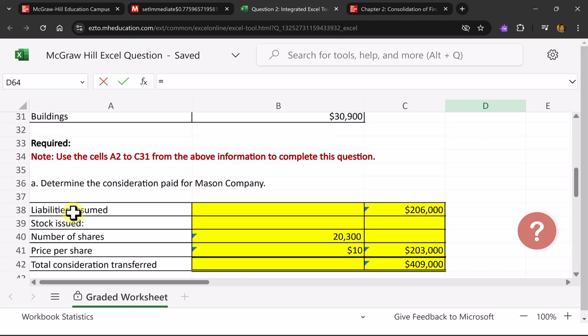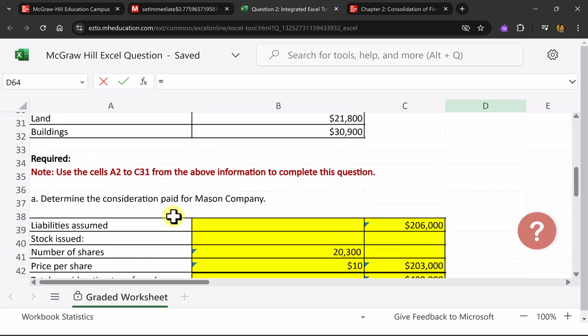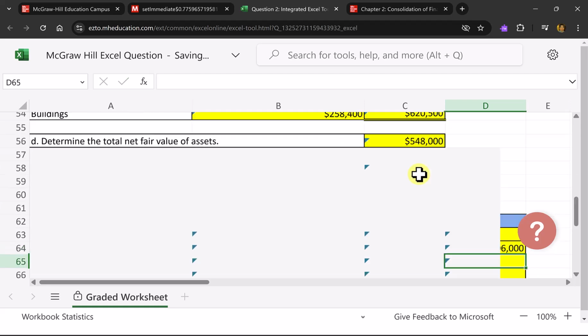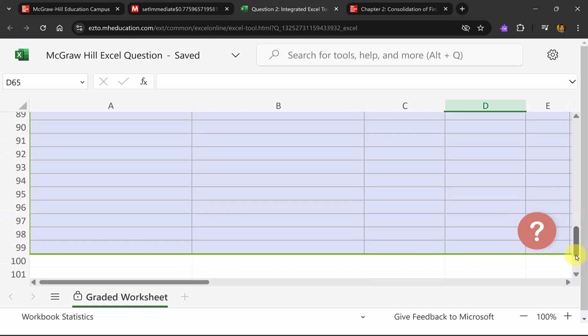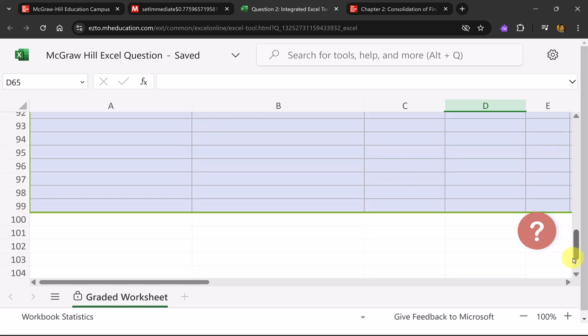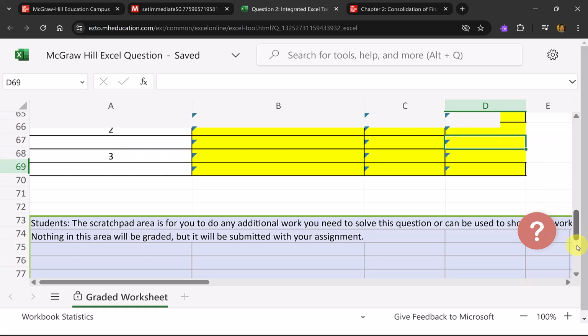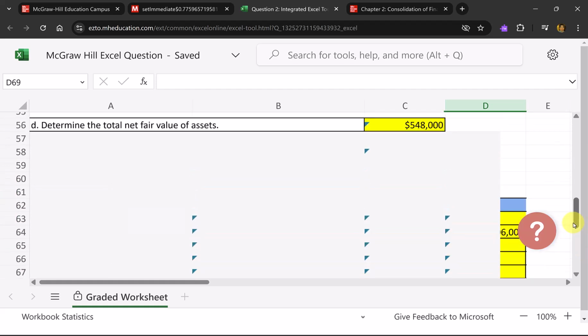Yeah, again, I'm getting confused with the wording here, but let me go back up here and grab this one. And I have that strange problem again. Just scroll down and back up again.